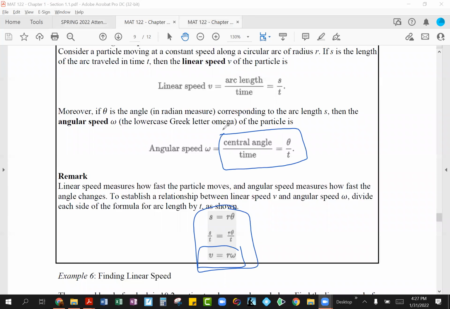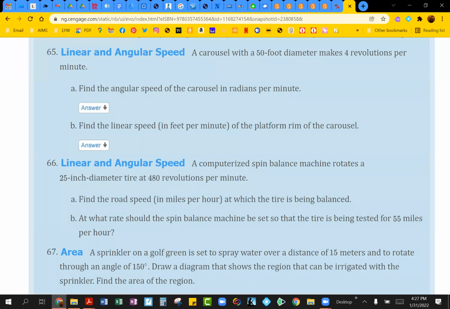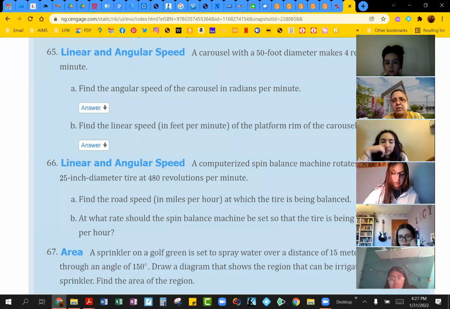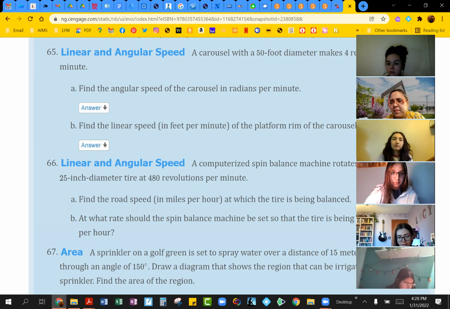Based on that, now that you have calculated that linear speed, can you tell me what the angular speed for this carousel will come out to be? Eight pi. Eight pi per minute? Okay. Anybody else have that same answer or a different answer for part A?